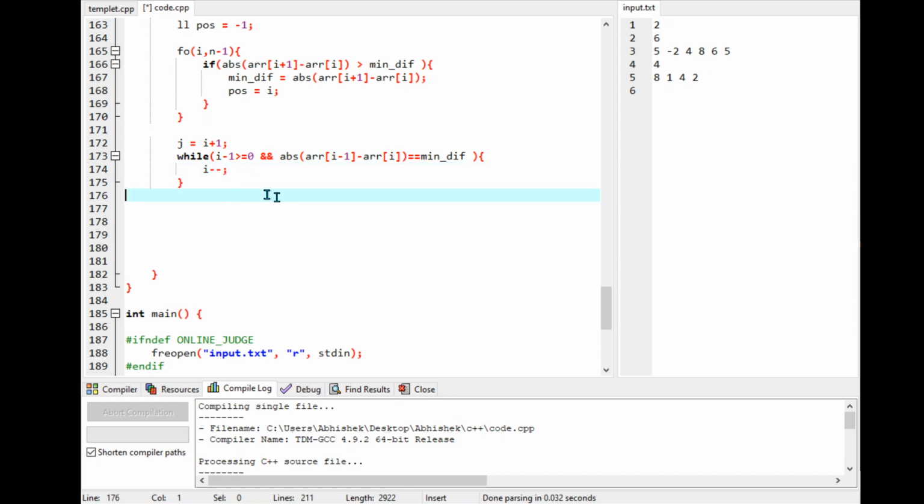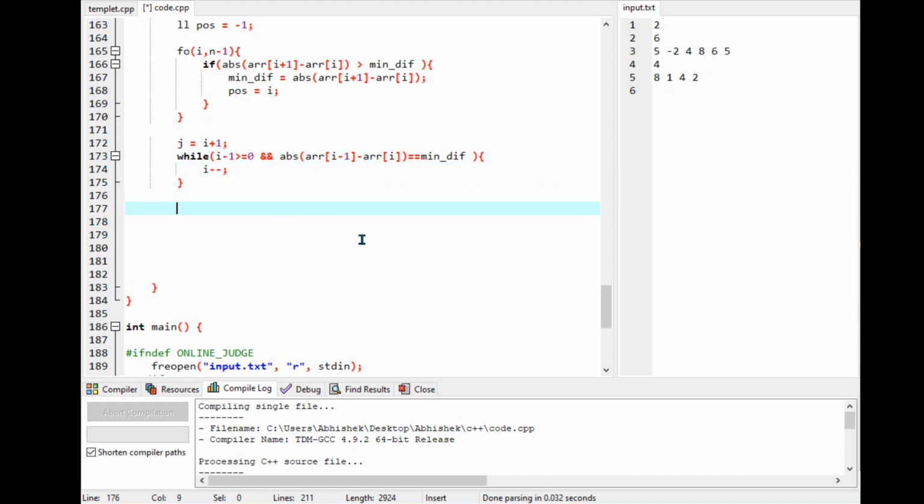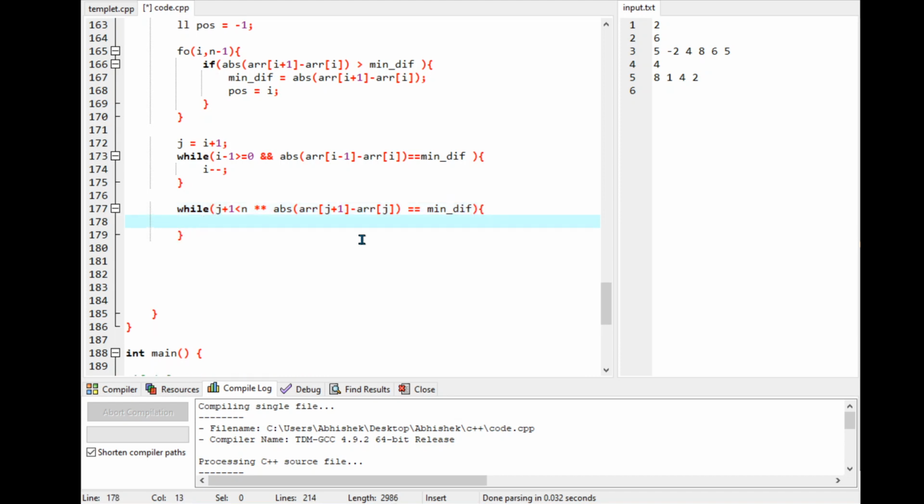Similarly, let's grow on the right side while j plus 1 is less than n and absolute of array of j plus 1 minus array of j is equal to min difference, we will be doing j plus plus.